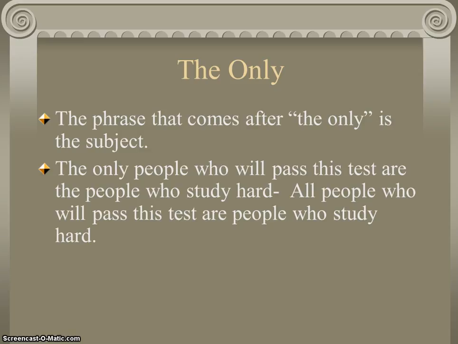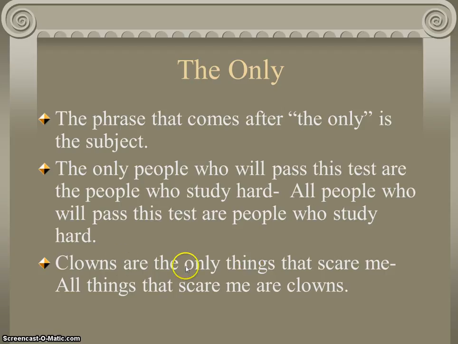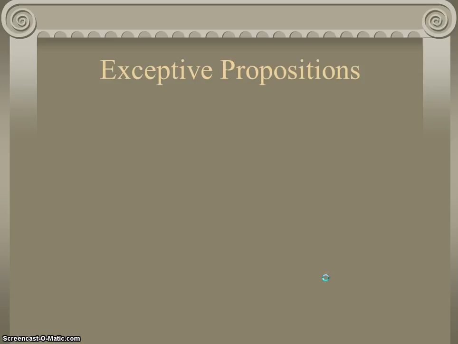So once again, we have to remember that the phrase that comes after the only is the subject. The only people who will pass this test. Therefore, we know that the subject is all people who will pass this test. Okay? Clowns are the only things that scare me. The only things, the subject must follow the only things. Therefore, all things that scare me are clowns.